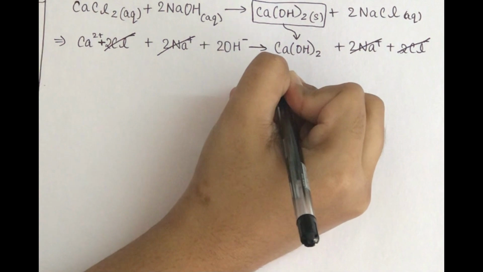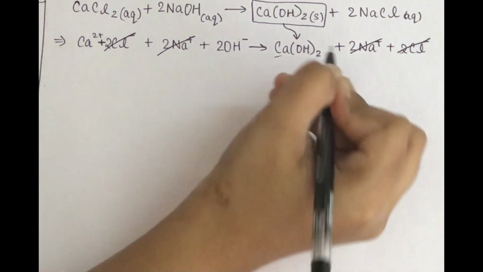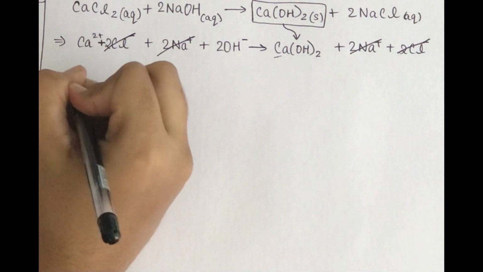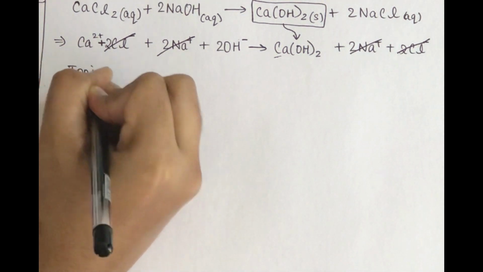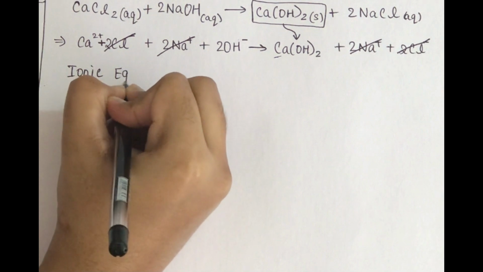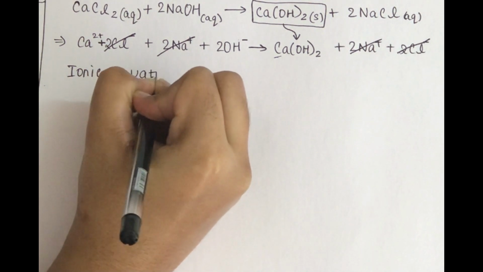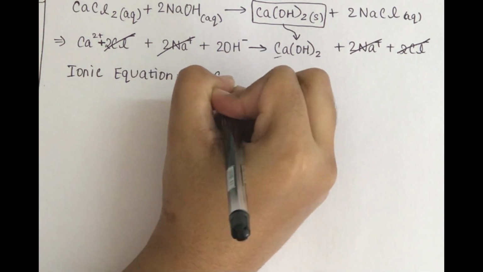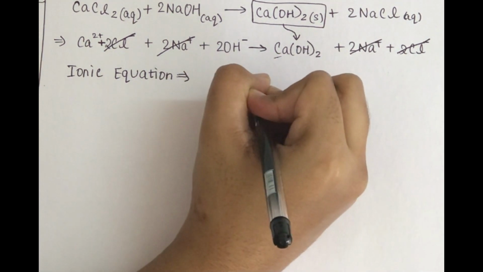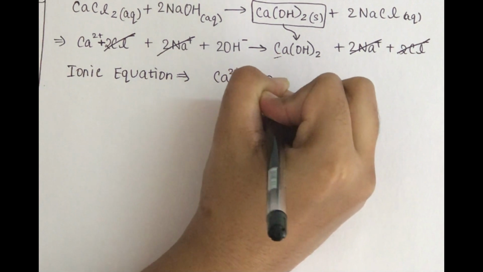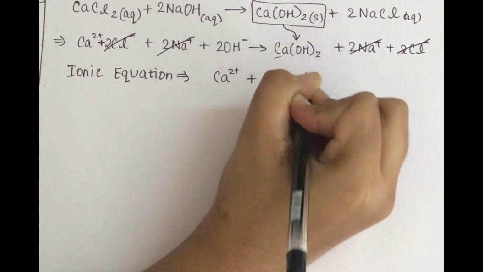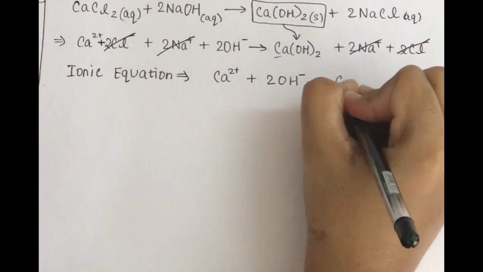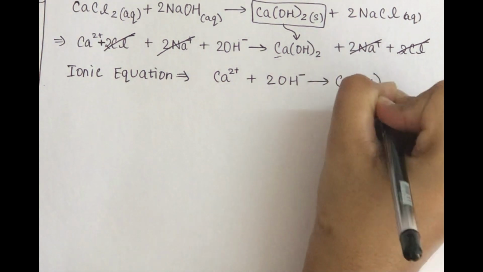So since we haven't broken down Ca(OH)2 into Ca2+ and 2OH-, the final ionic equation will be Ca2+ plus 2OH- gives Ca(OH)2.